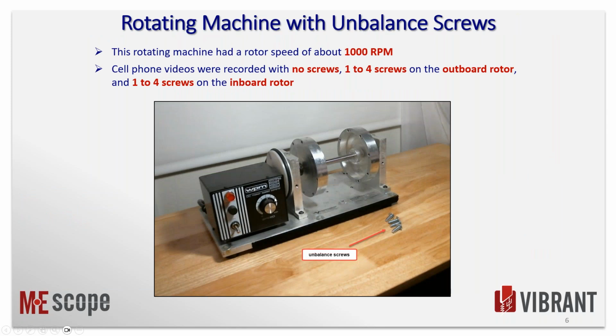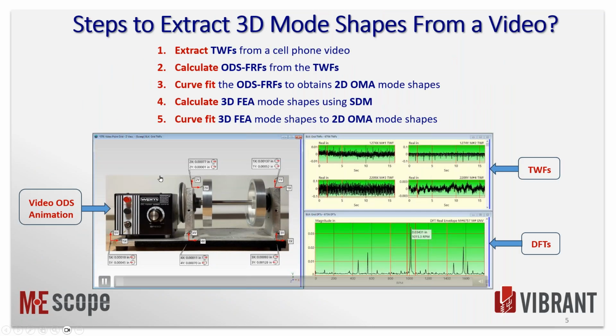Okay, well, we're going to show this machine here a little bit, and we've used this for a number of different experiments where we put screws on the inner and outer rotors. You can screw them in there and create unbalance. So that's what we're looking at here. We're seeing some unbalance, and you can actually see from the video one of the screws that's on there.